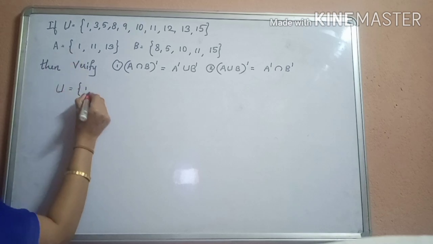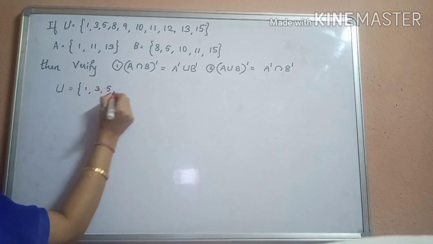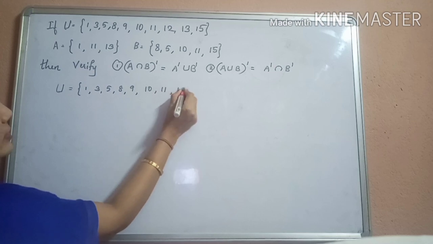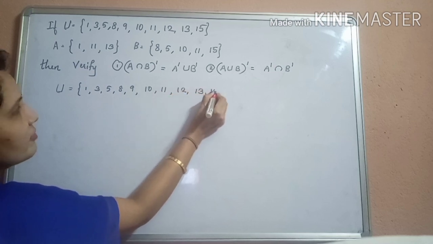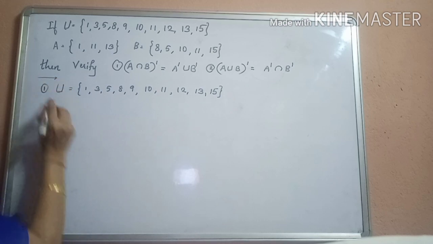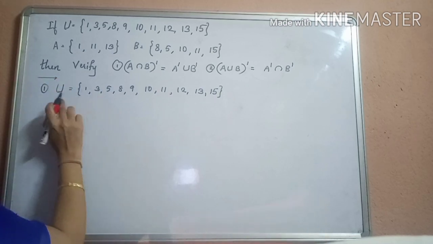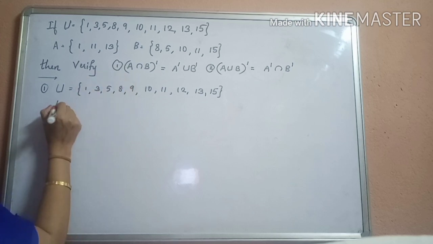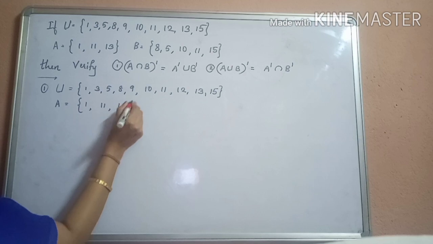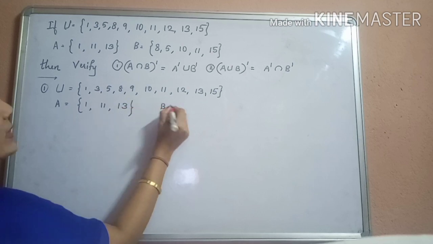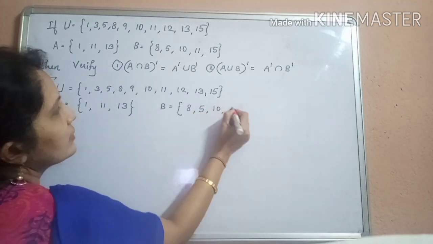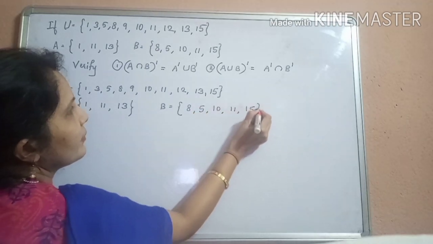Universal set is 1, 3, 5, 8, 9, 10, 11, 12, 13, 15. Don't forget to write everything, otherwise you will miss something. A is given as 1, 11, 13. B is given as 8, 5, 10, 11, 15.